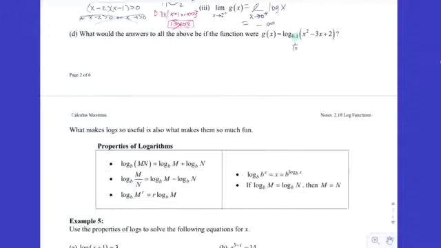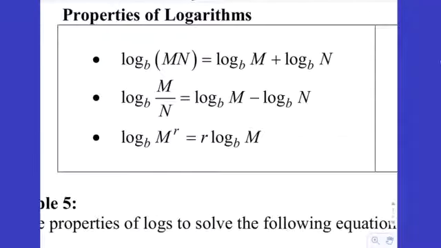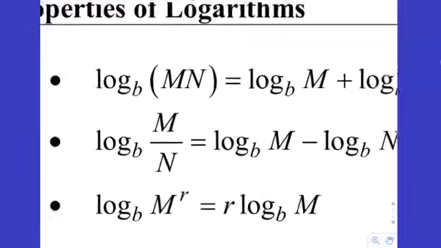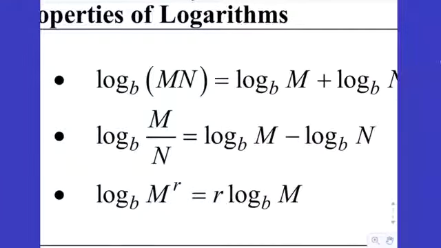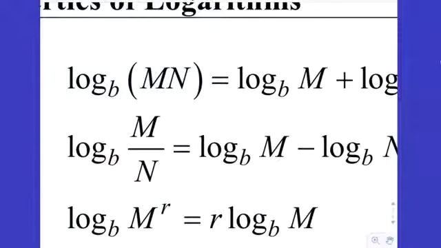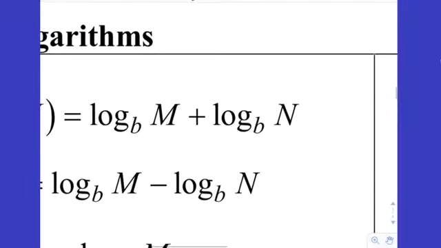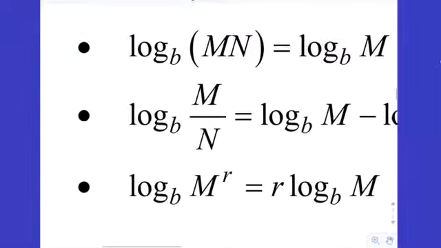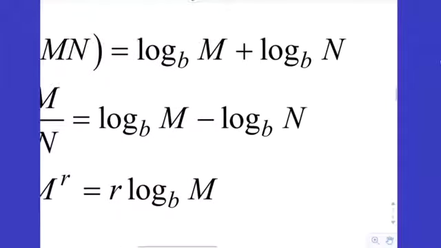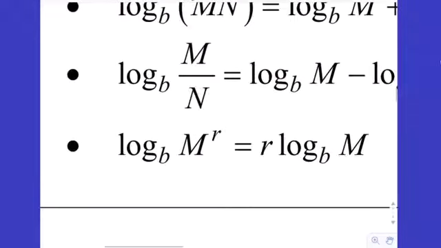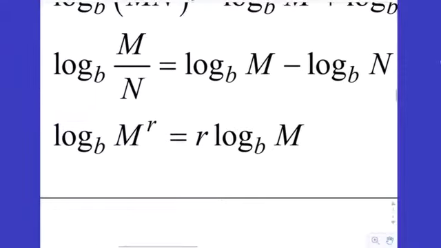The Jawa. All right. Properties of logarithms. Logs make molehills out of mountains. Okay. Again. So they turn products into sums. They turn quotients into differences. And they turn exponentiation into multiplication.